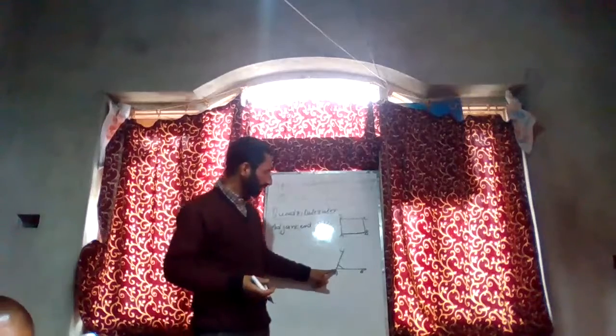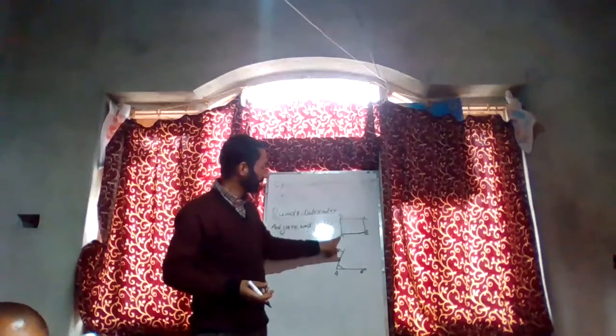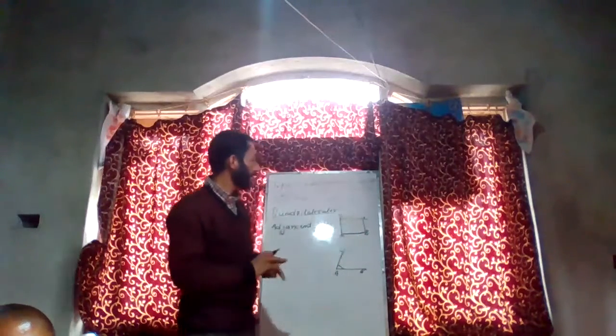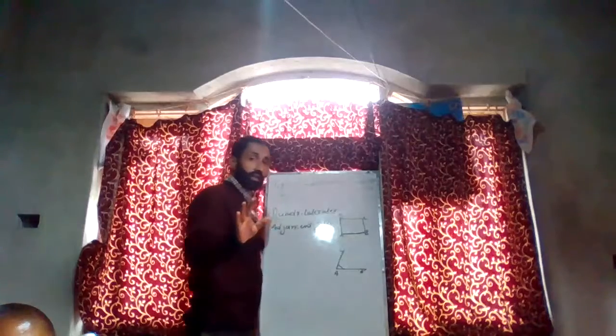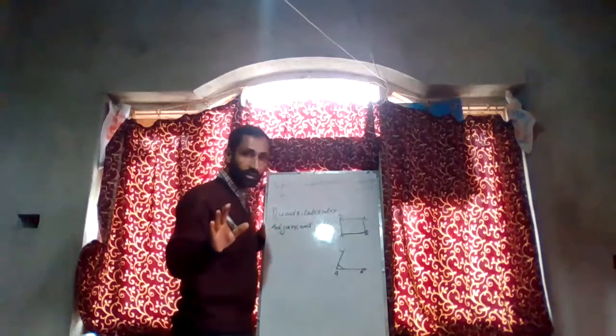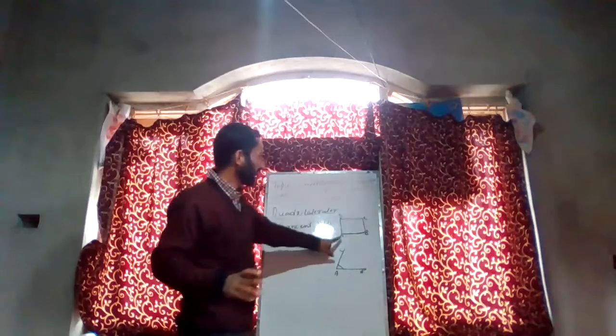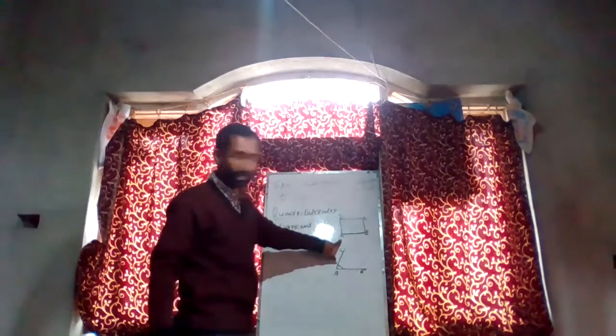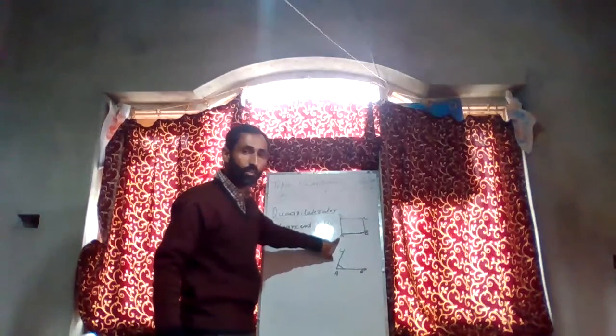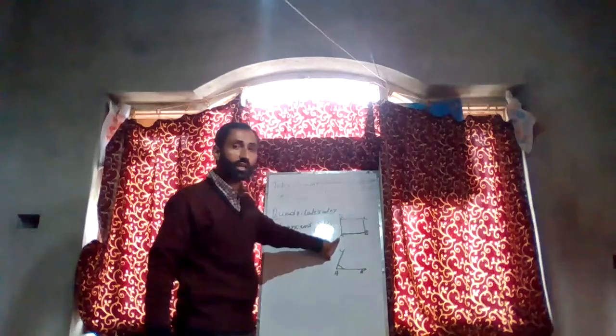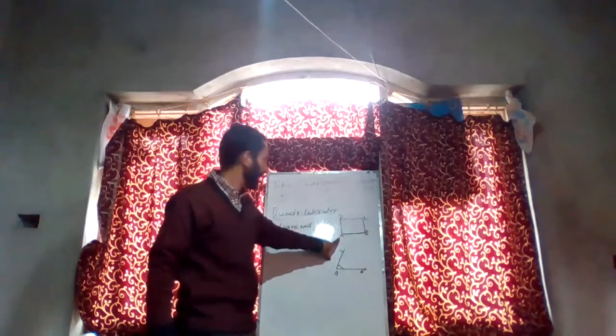Like here in the quadrilateral ABCD, when two sides meet at a common point, these two sides are called adjacent sides.